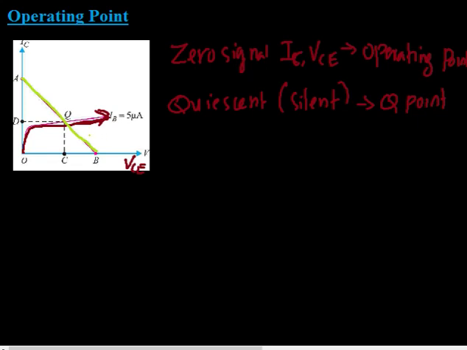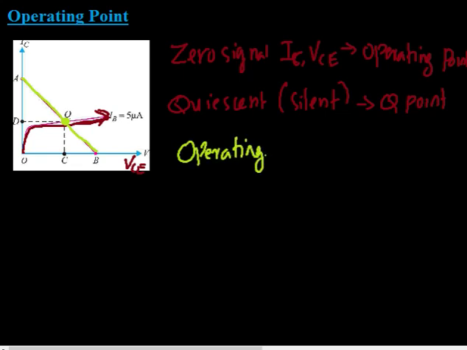Now the only point which satisfies both conditions, being on the output characteristic and on the DC load line, is the point Q, the intersection of these two, which is the operating point.